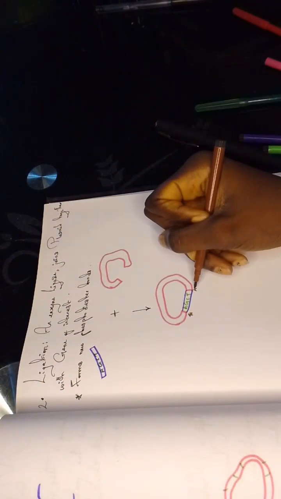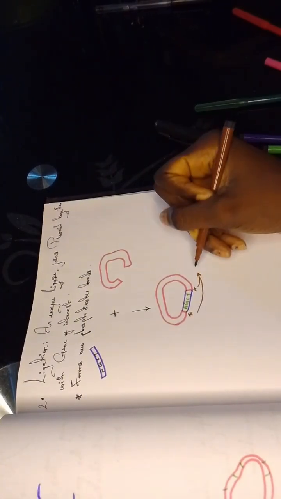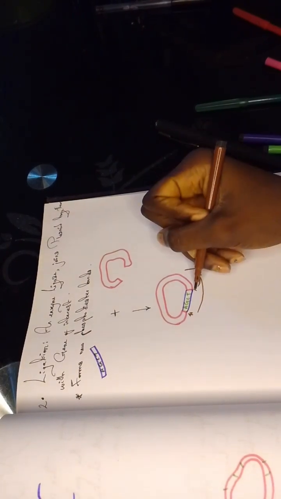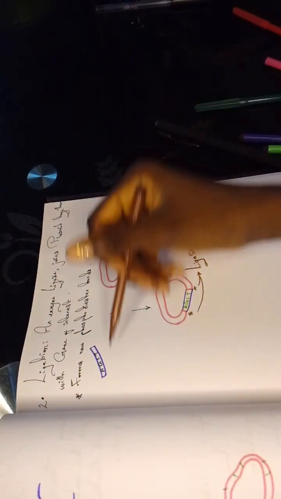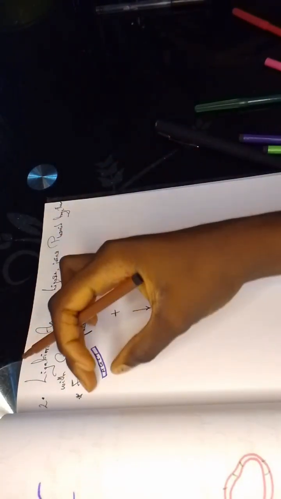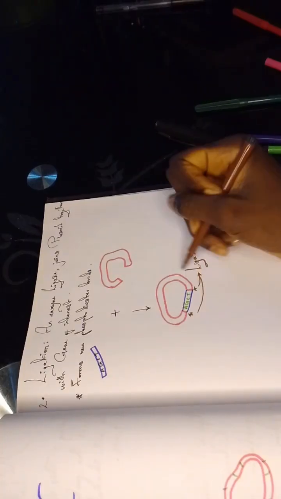So basically, DNA ligase comes in and forms phosphodiester bonds. So it brings the plasmid and our gene of interest together to form a complete plasmid.